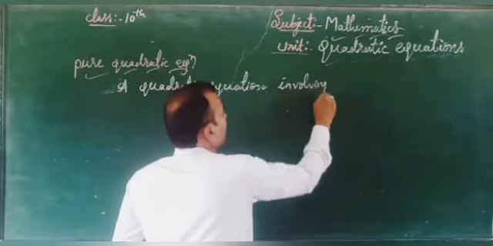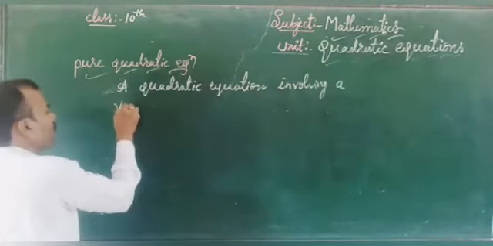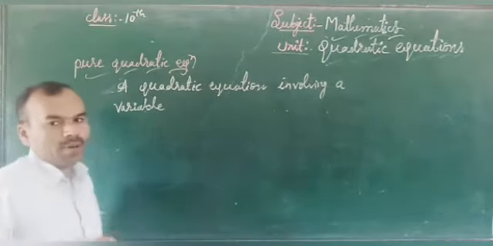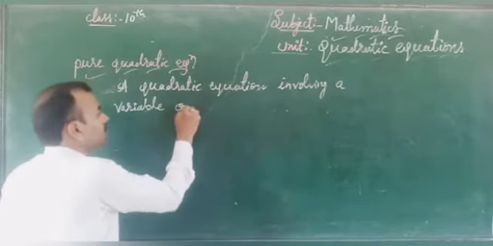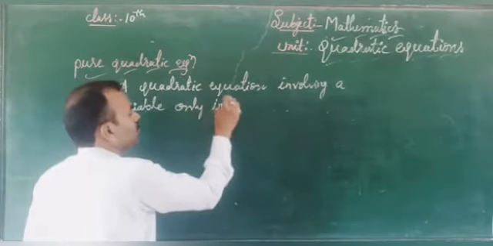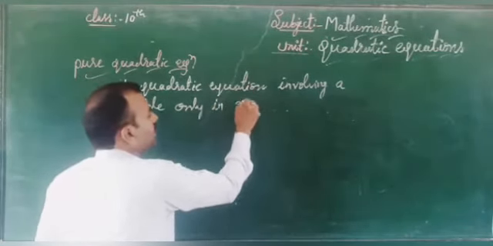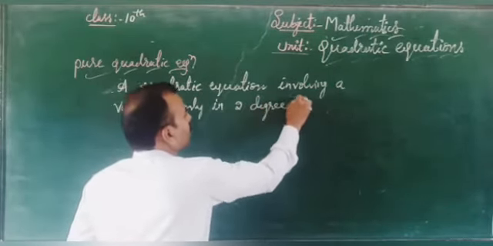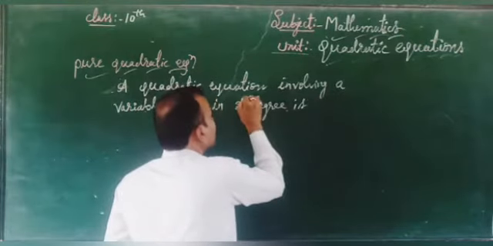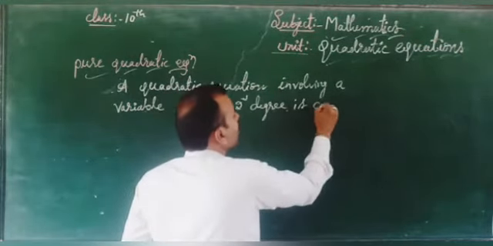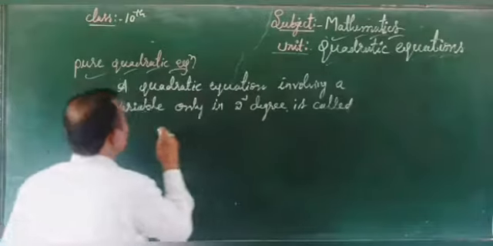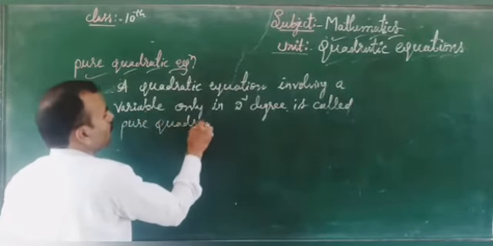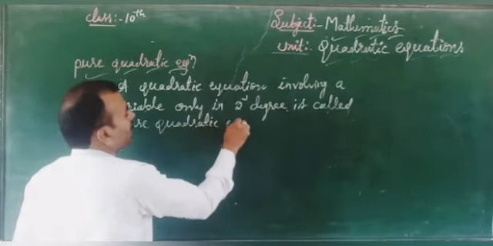A quadratic equation involving a variable only in second degree is called a pure quadratic equation.